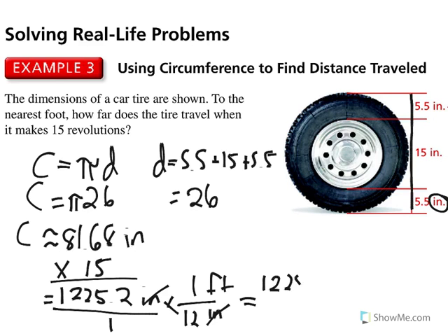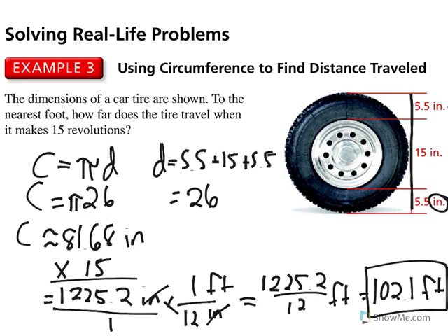So I get 1,225.2 divided by 12 would give me my feet. And so when I do that, I end up getting 102.1 feet. Okay, so when it goes 15 times around this tire, it's going 102.1 feet.